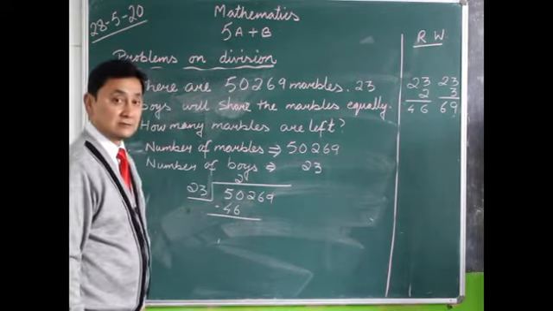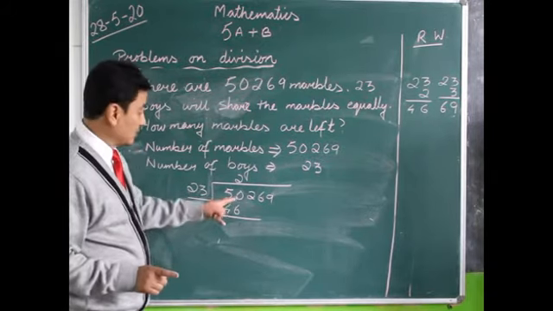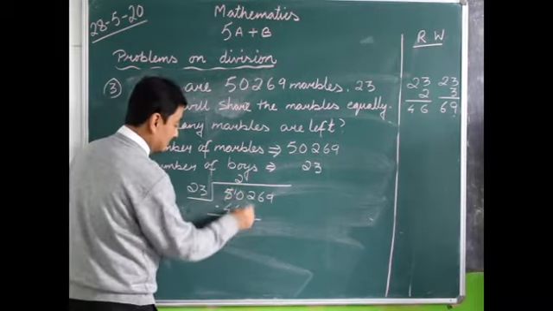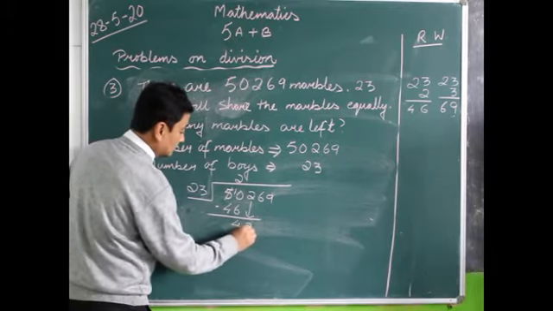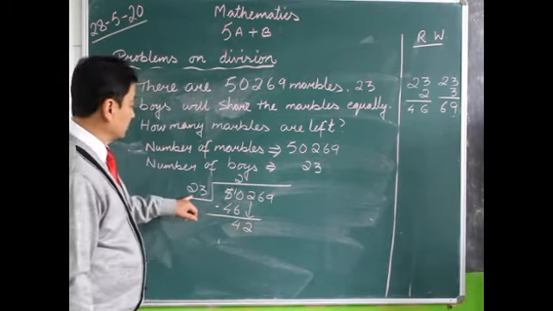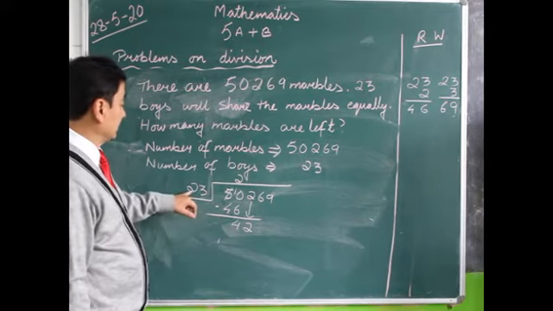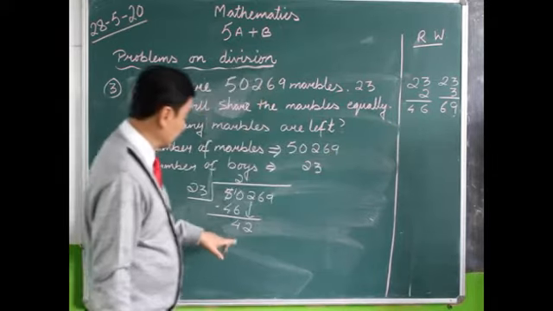0 minus 6. Some of you are saying 6. Remember, the top number is smaller. What should you do? Borrow. 10 minus 6, 4. Bring down 2. Okay? So 23 will go into 42 how many times? Let's see. 23 2s are 46. Can we put 46?